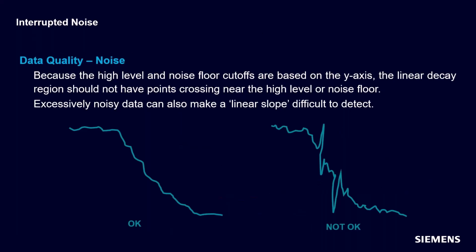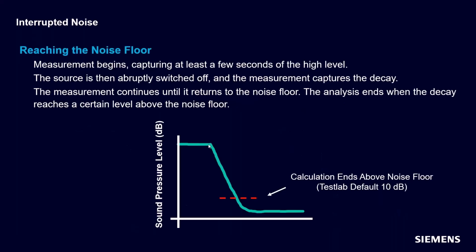One thing to be very careful with when we're measuring reverberation time is noise on our data. Typically, in the real world, we're not going to have really nice decays that look like this for all frequency bands.